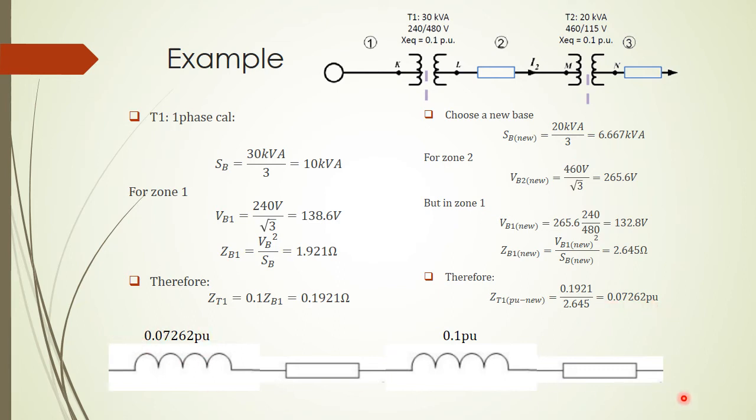So this is a new equivalent circuit in PU in the new base. You see that the transformer symbols all disappear, and we have a very simple circuit which helps us tremendously in voltage and current calculation.